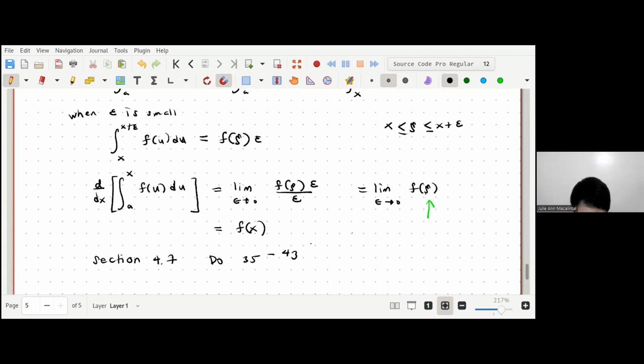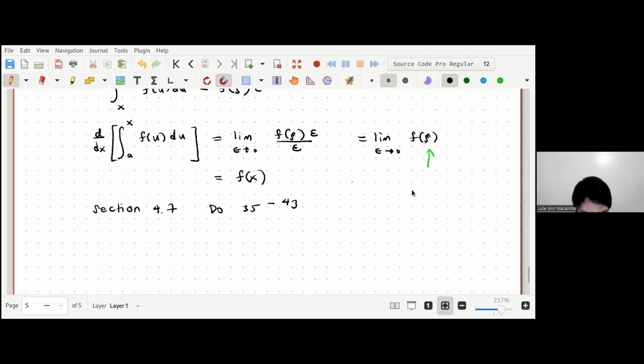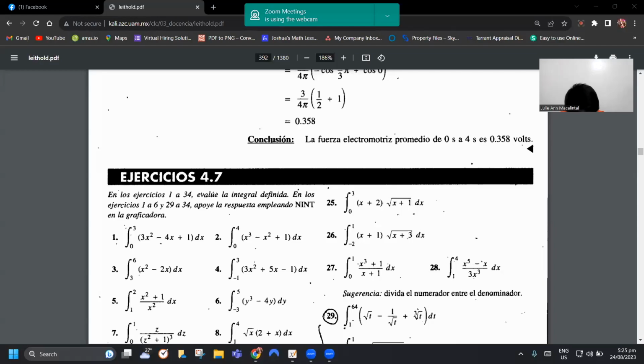So we have exercises on computing the derivative. So pag nahanap mo na siya, pa-share na uli ng screen. So 35 to 43.